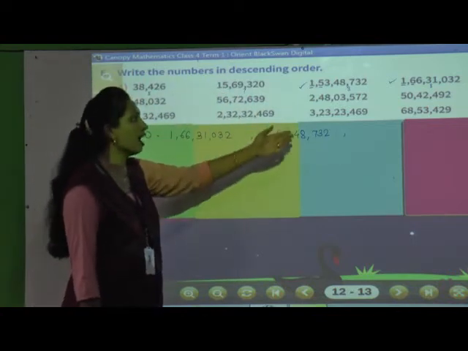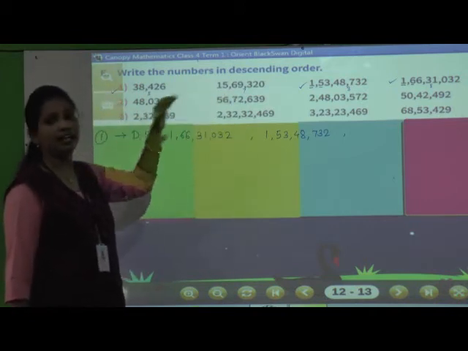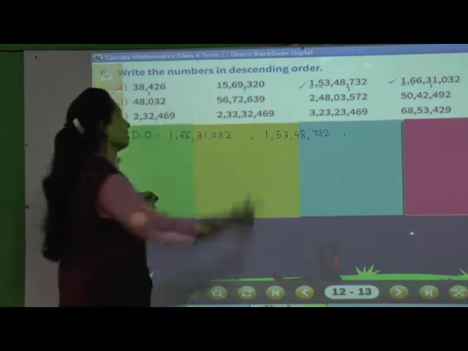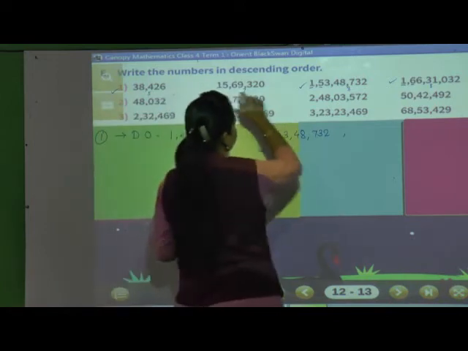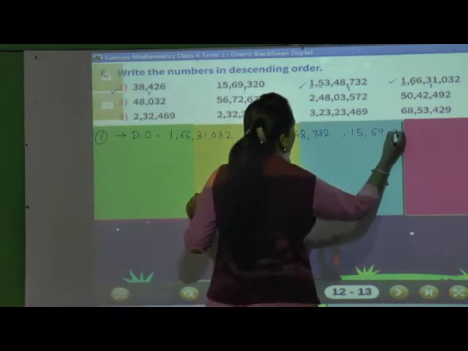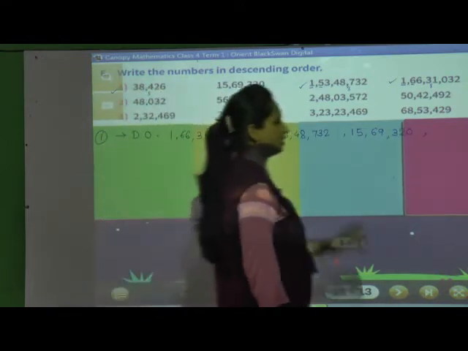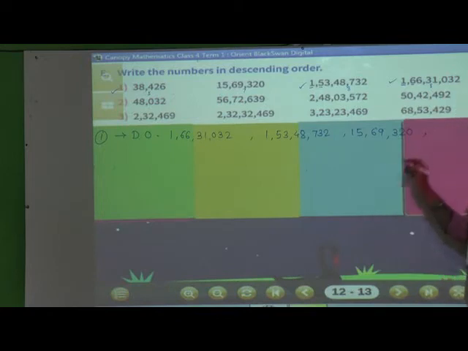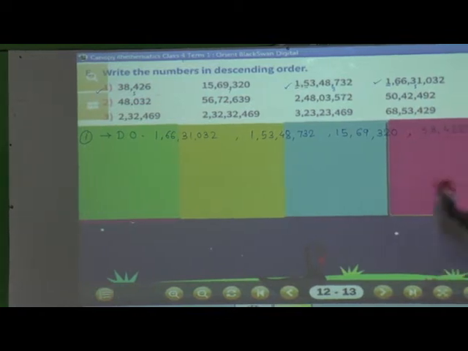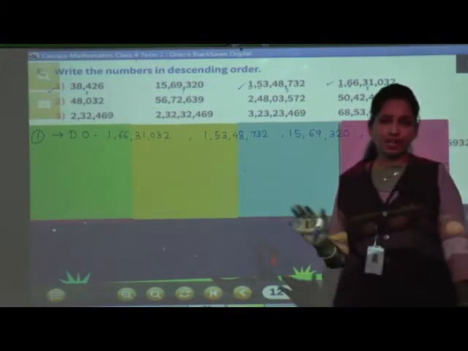Now tell me, after 8 digit which number will come? 7 digit, and after 7 digit 5 digit. So copy the number in third place, that is 15,69,320, and at last the 5 digit will come. Okay, that is 38,426. Understood, students? Very easy.